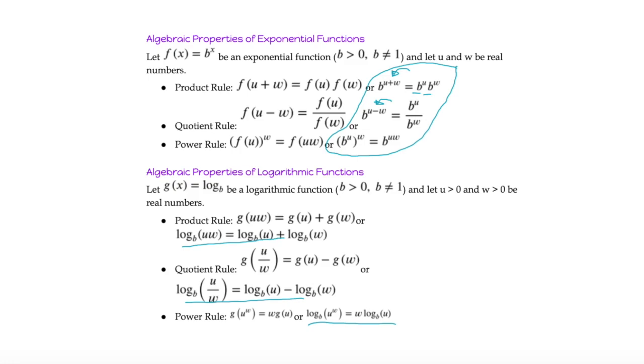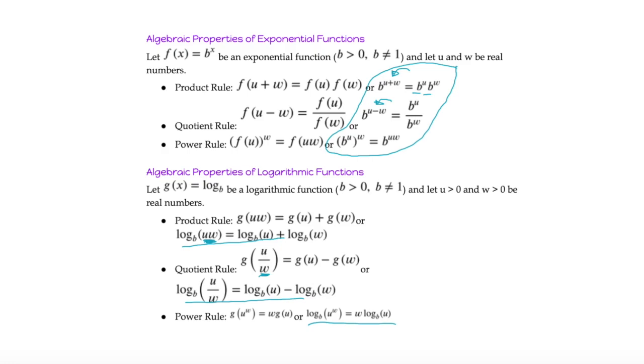For logarithmic functions, I like to start on the inside. If we have two pieces being multiplied, we can expand them into adding the two logarithms together, one with u and one with w, whatever the two factors are. With the quotient rule, if we are dividing the pieces, it's the same as subtraction.